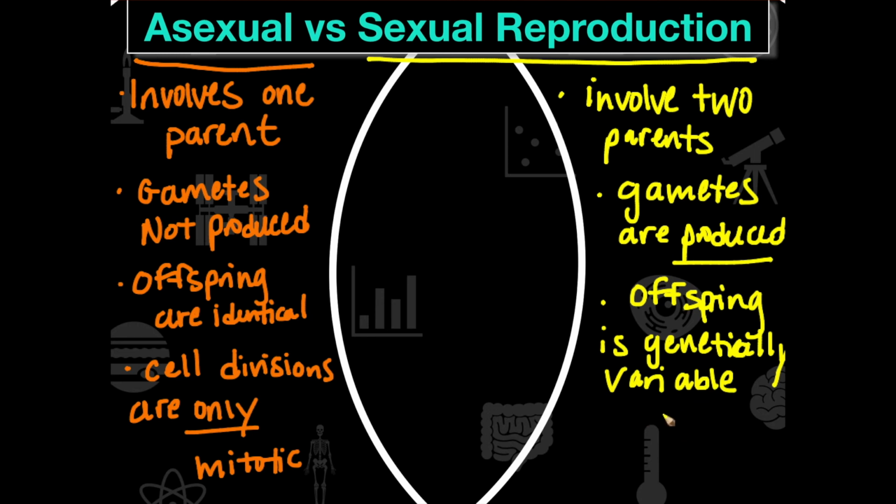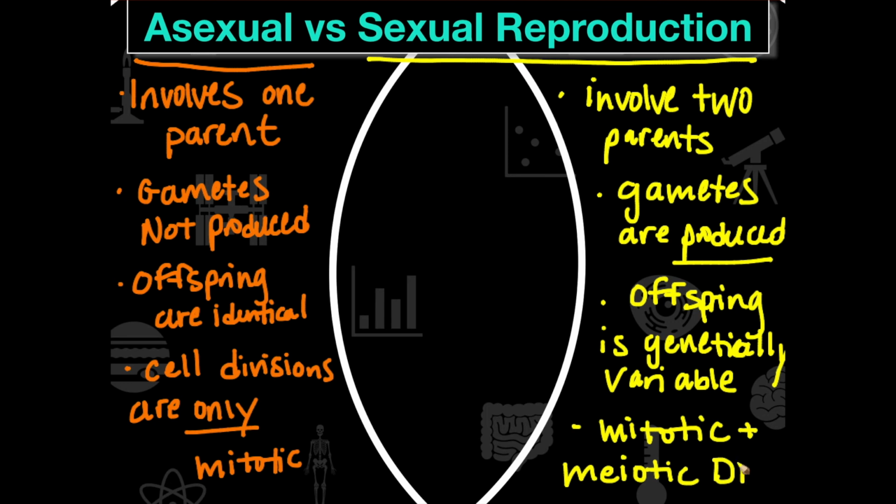And then if we compare this to only mitotic division, sexual reproduction is going to involve both mitotic and meiotic divisions. So mitotic plus meiotic, M-E-I-O-T-I-C, mitotic and meiotic divisions.